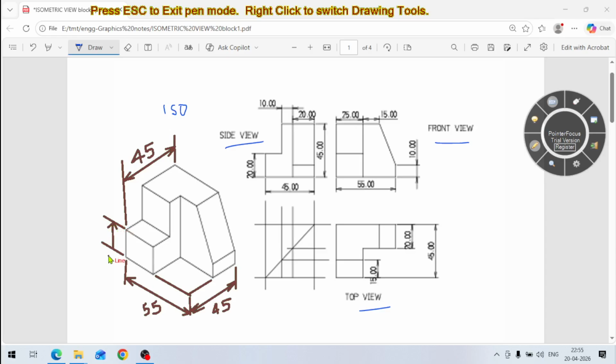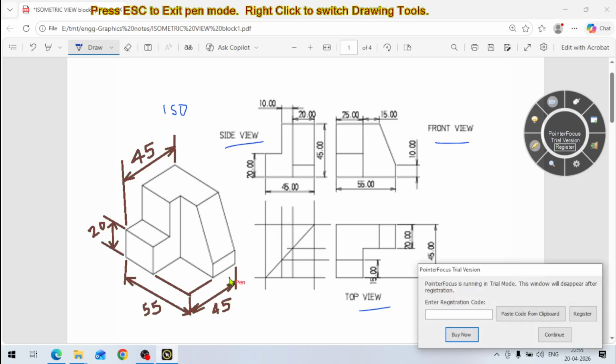These are the arrows, and this dimension is 20. How much is it? It is 20 like this. So this step is 20, this size is 45, this is 55, 45, and height is also 45.